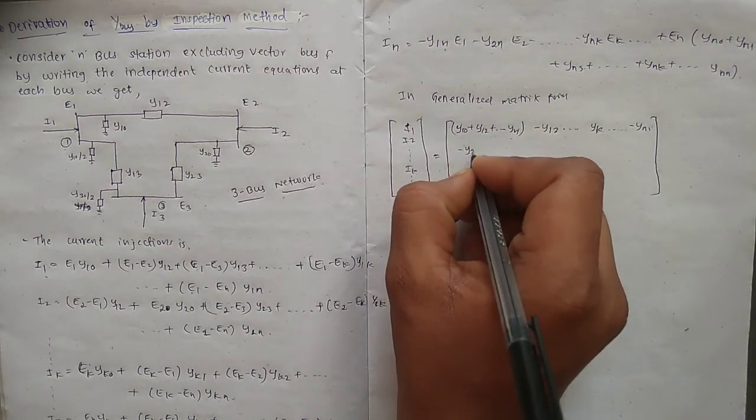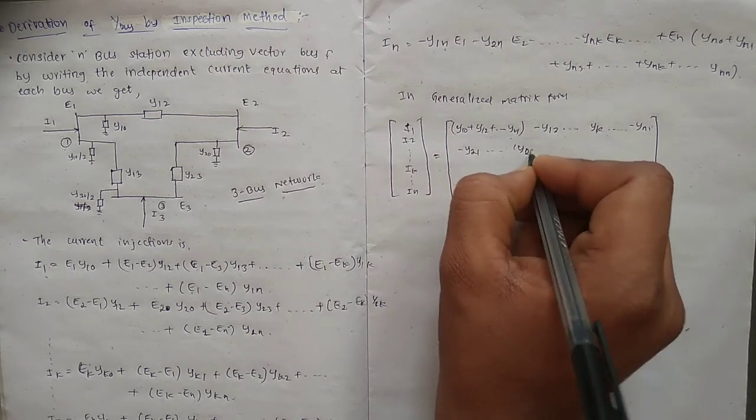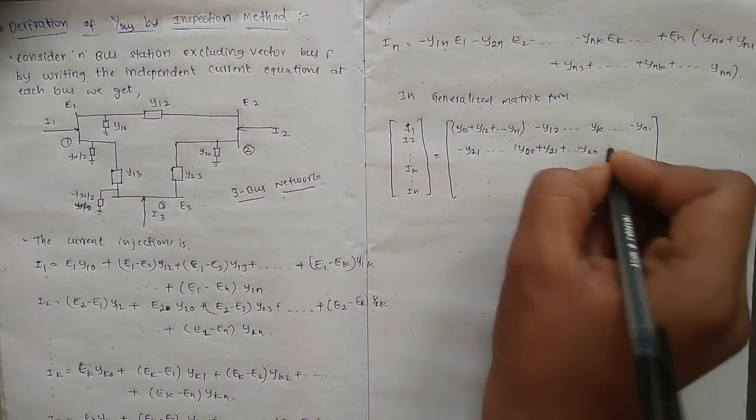For bus 2, minus Y21 and so on, Y20 plus Y21 and so on, Y2n.